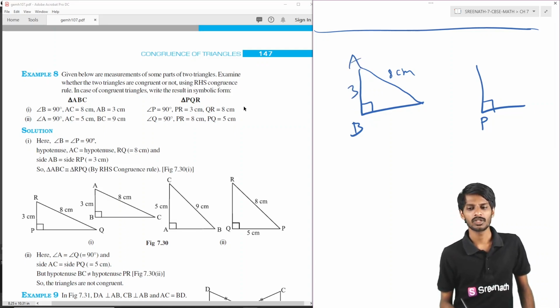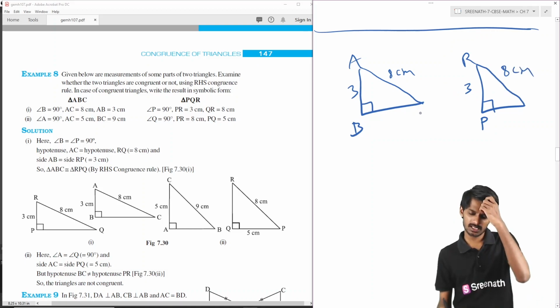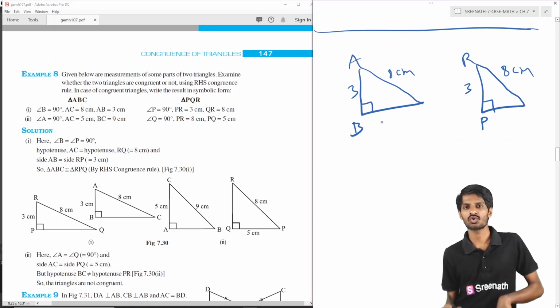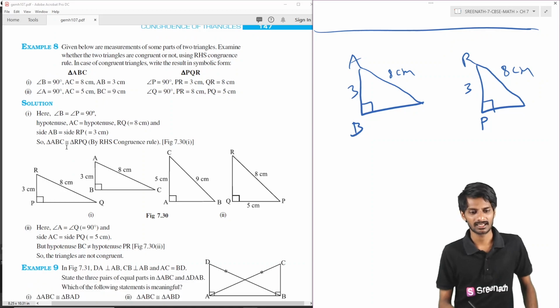Here PR is 3 centimeters and QR is 8 centimeters. Do these two triangles congruent or not? Both are right angle triangles, the hypotenuses are equal and this side is equal for both. So these two are congruent, students. Like that you have to do.